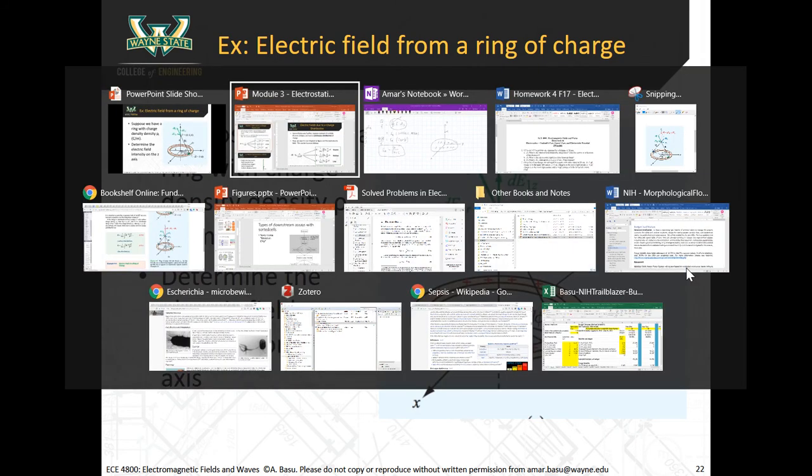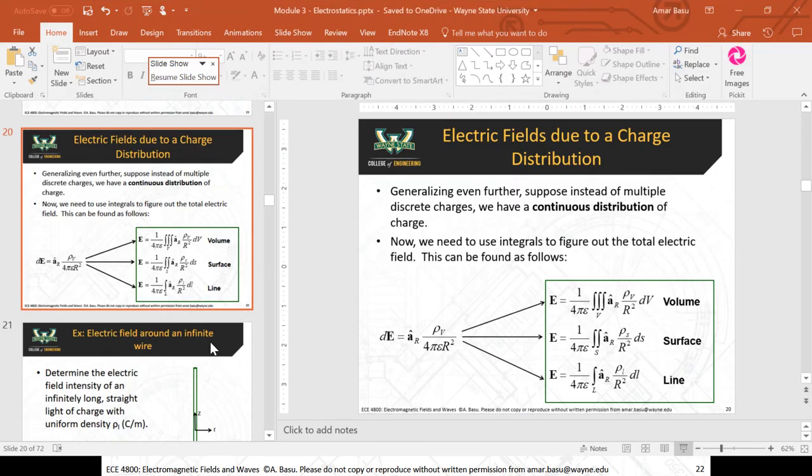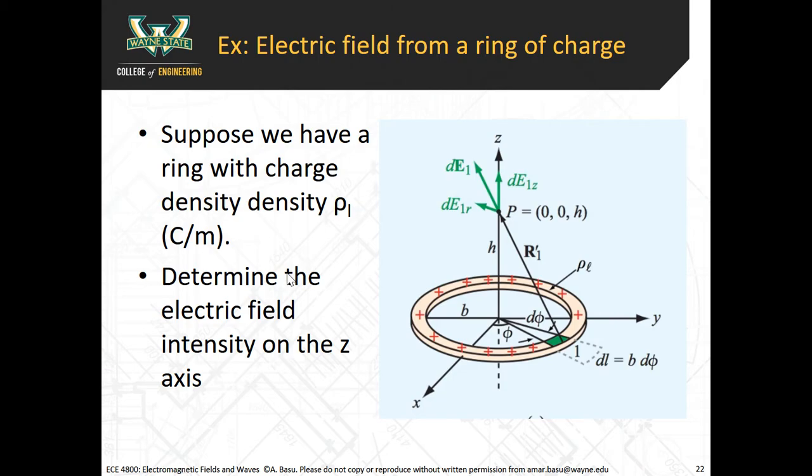All right, so how do we solve this problem? We have two options, right? If we're given a charge distribution, we can either use Gauss's law or we can use a charge integration.